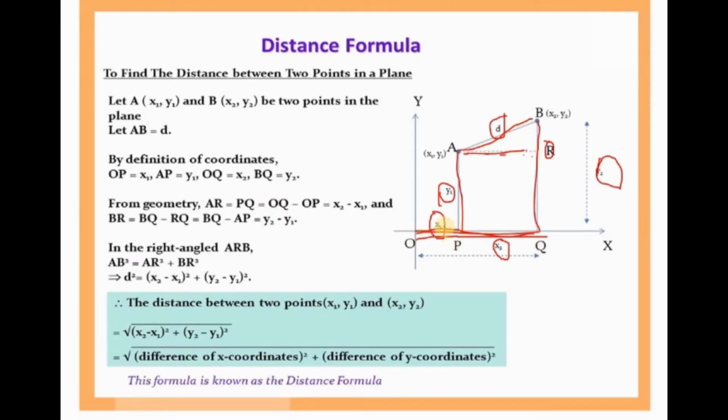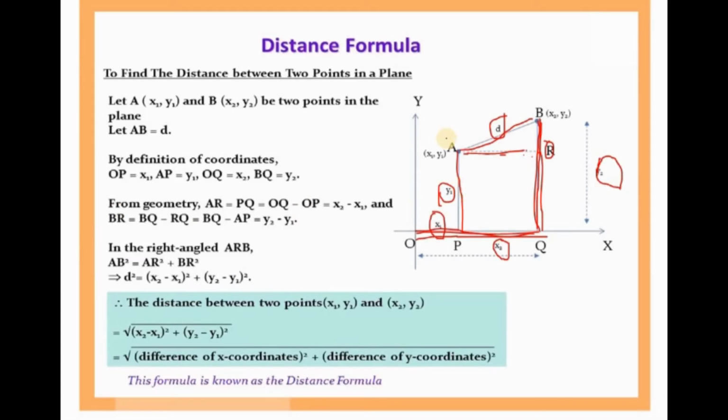If we want to get the distance, that is OQ, OP, so we should subtract OQ minus OP. That is equal to x2 minus x1. And BR equal to PQ minus RQ. That is y2 minus y1.